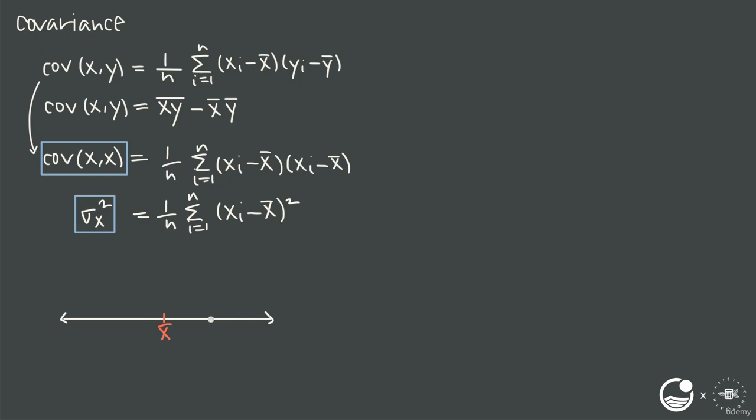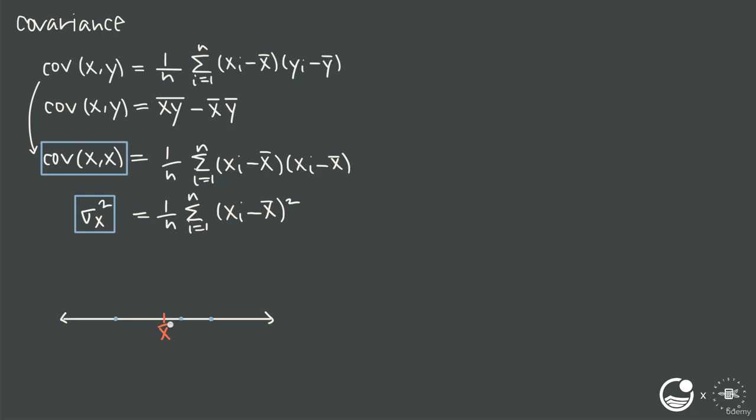So let's say that there's another value of x right here, and right here, and right here. And what the variance formula calculates is the mean of the square areas that are generated when we make a square out of the distance between each of these data points and the mean.